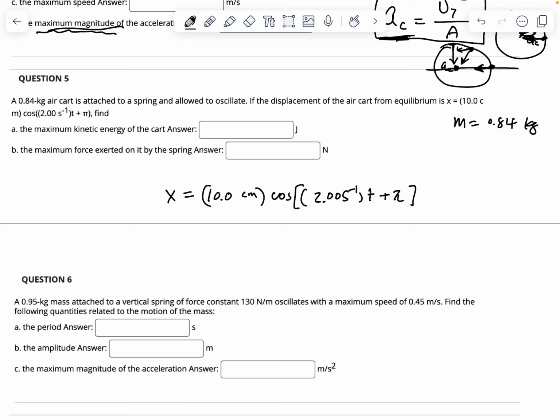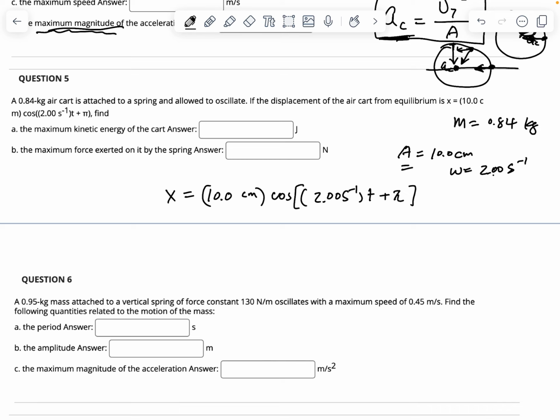So this is the equation. From this we know A equals 10.0 centimeters and omega equals 2.00 per second. This is omega. The question asks for the maximum kinetic energy of the cart.